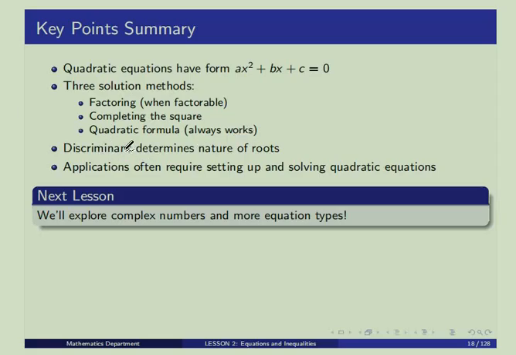The discriminant is very important in determining the nature of your roots. And then applications often require setting up and solving a quadratic equation. We looked at one application of a box. And then in the next lesson we will explore complex numbers and more equations.